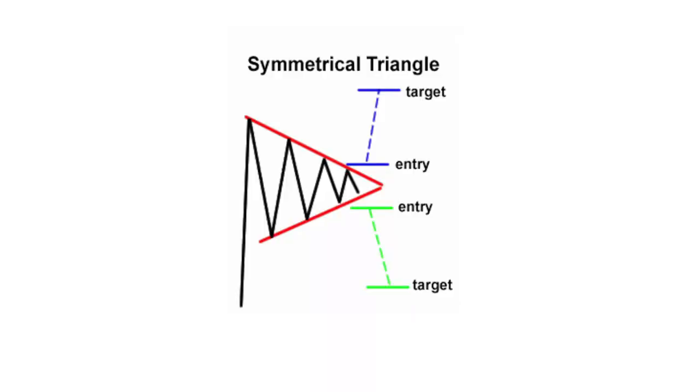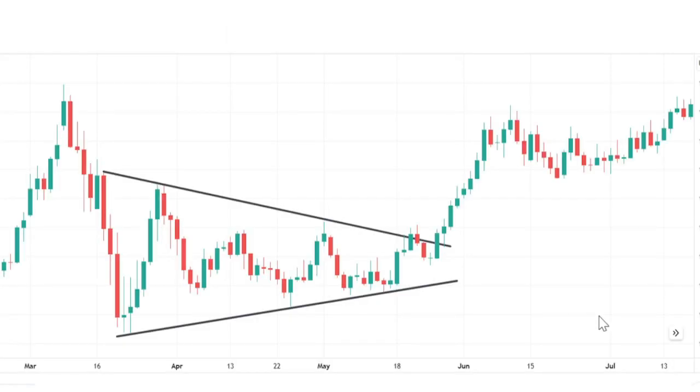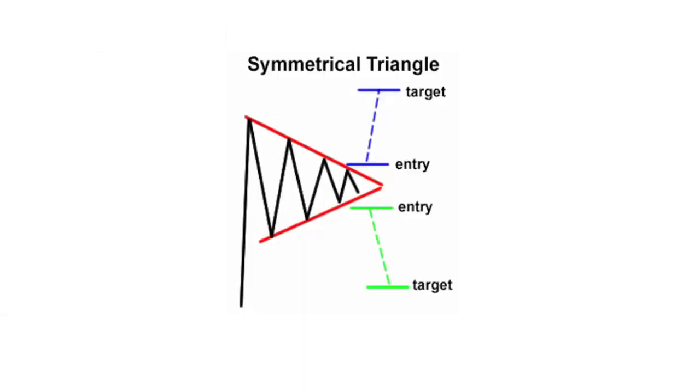So once again, here is our symmetrical triangle. This pattern is a bilateral pattern and it could go both ways. The entries can be both ways on this pattern.